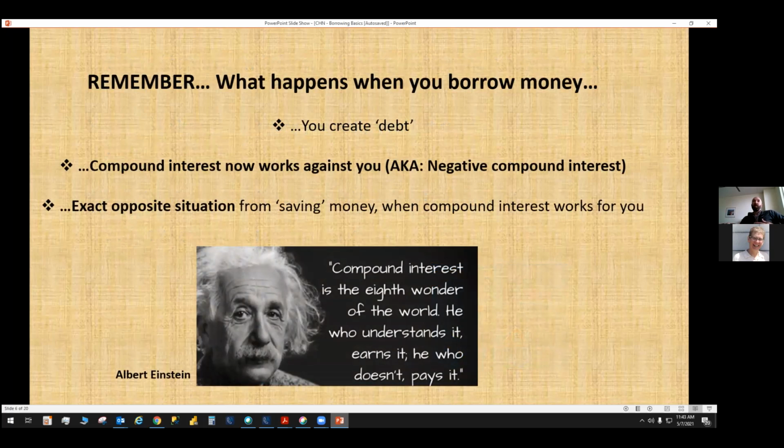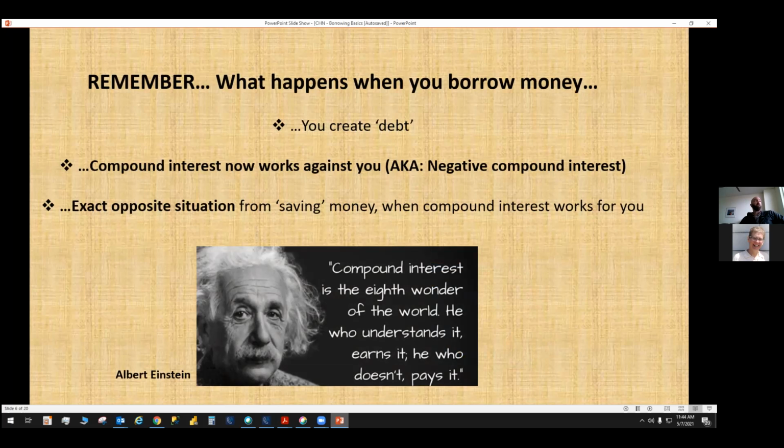So remember what happens when you borrow money. When you borrow money from a lender or a creditor, you create debt. From the savings and budgeting class, we talked about how when you put money in a savings account, you get compound interest that basically pays you over time.